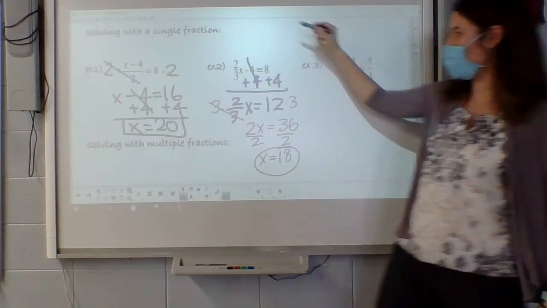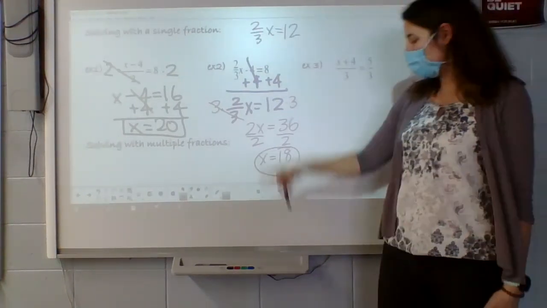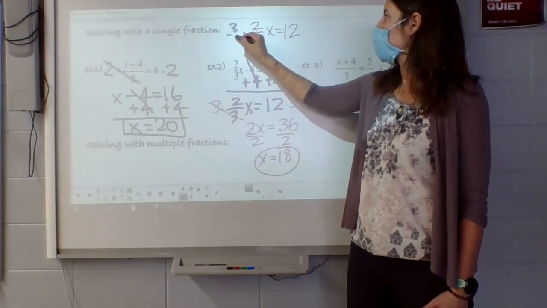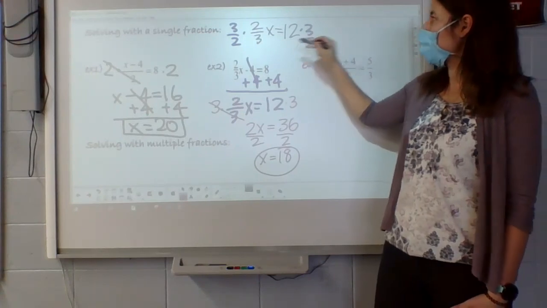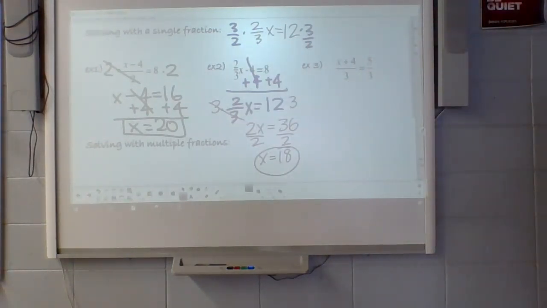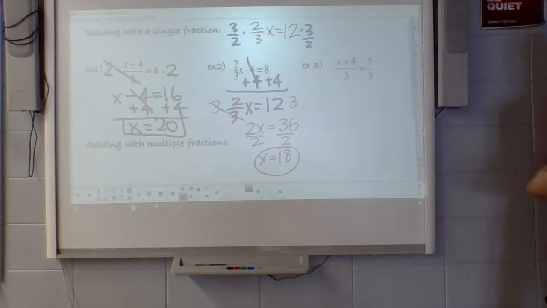So just so you guys know, when you're at this point, 2/3 x equals 12, you could multiply by 3/2. But I do like this. I don't mind showing an extra step, so I kind of like the way that Justina suggested. Otherwise, this also works. All these different ways you guys suggested will get us to 18.